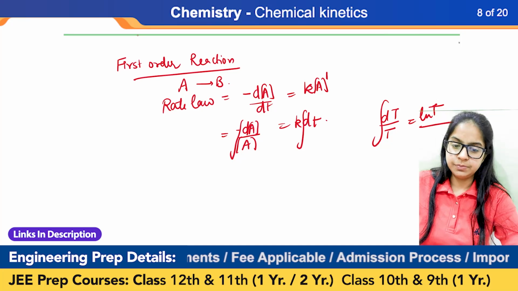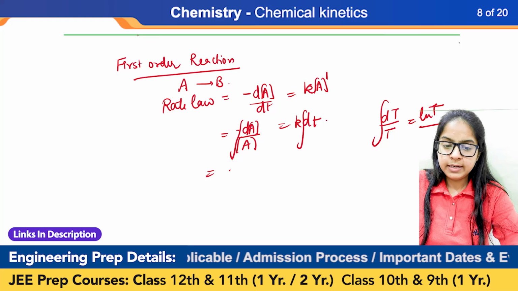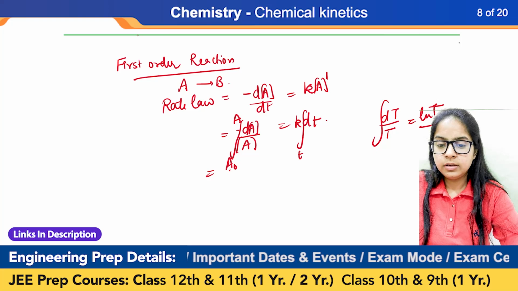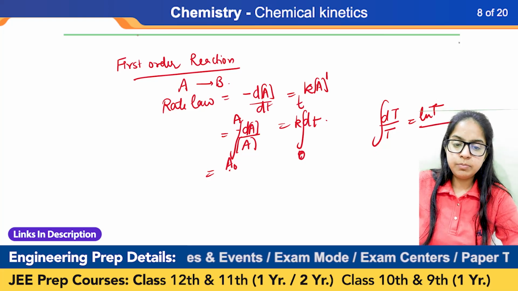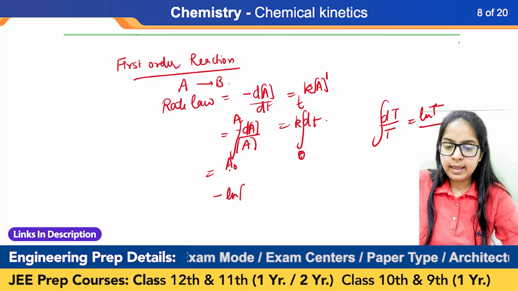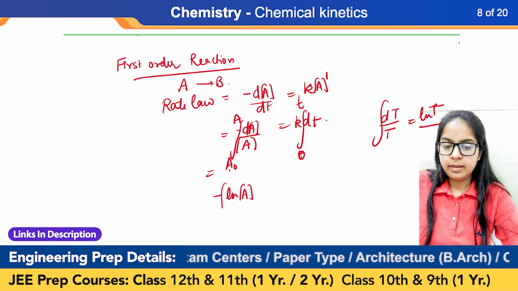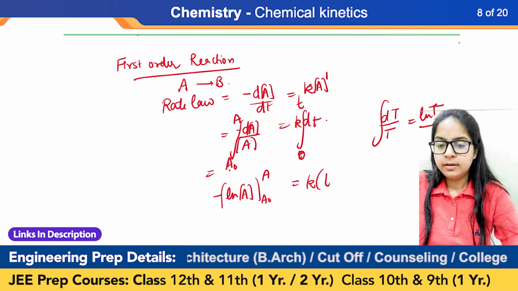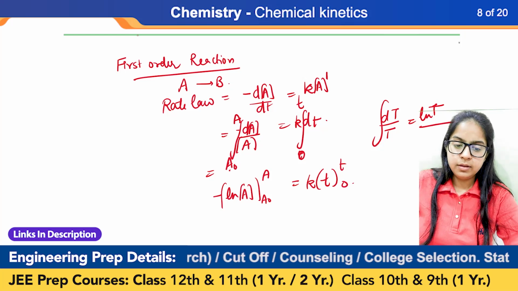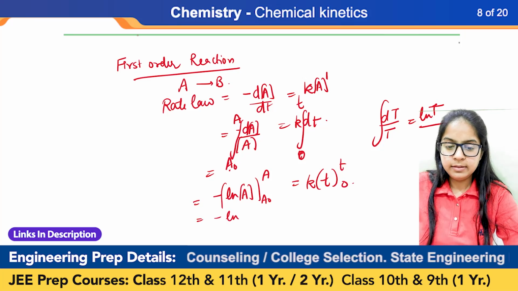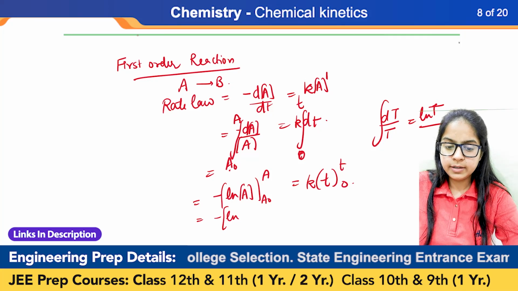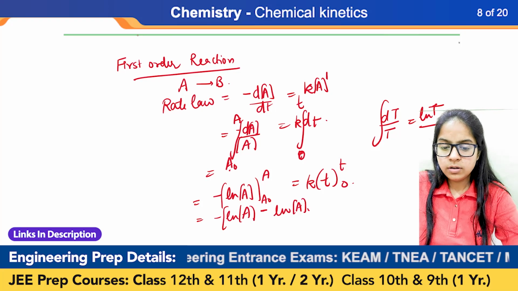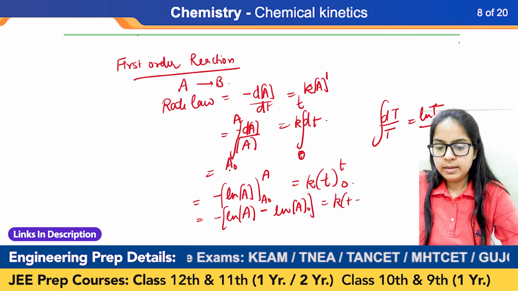Now suppose I am taking A naught to A, t 0 to t, how I can complete it, minus ln A from A naught to A, equal to k t from 0 to t. Minus ln A minus ln A naught equals k t minus 0.